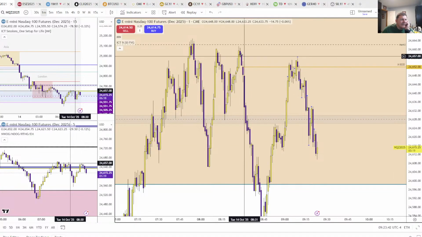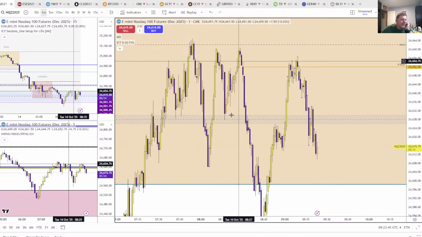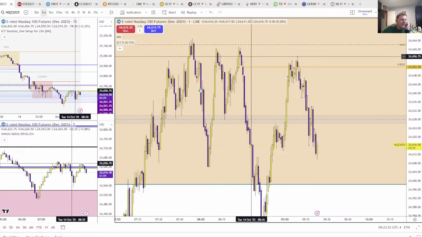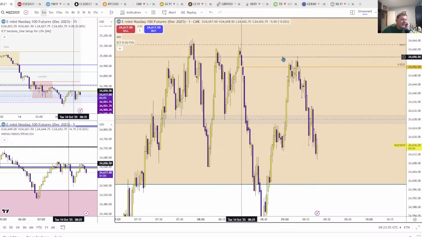So why didn't it reach for this little guy here? It's not a premium BISI, that's why. That's why I like BISIs versus the SIBIs. And if you like the SIBI, then fine. There's SIBIs right there.